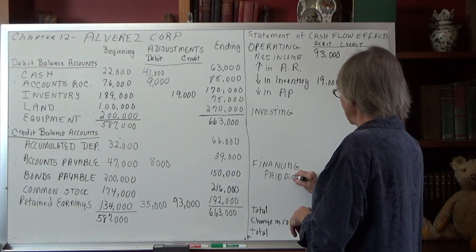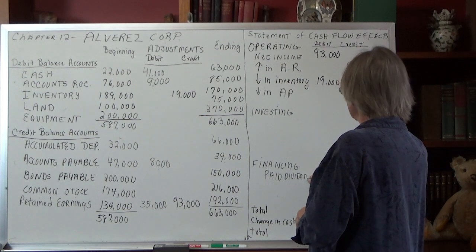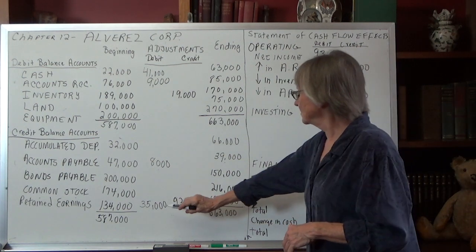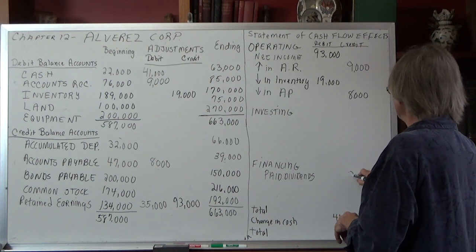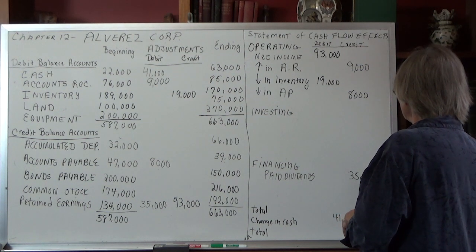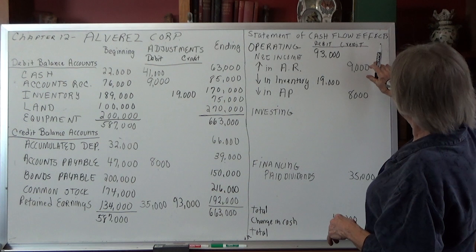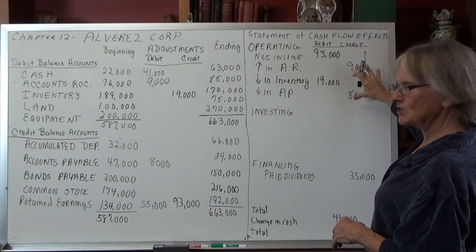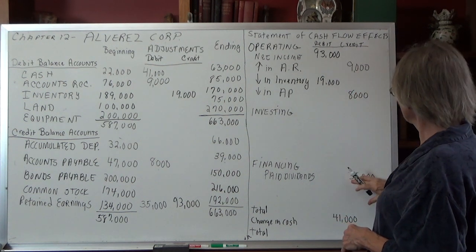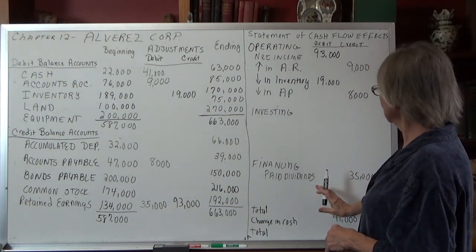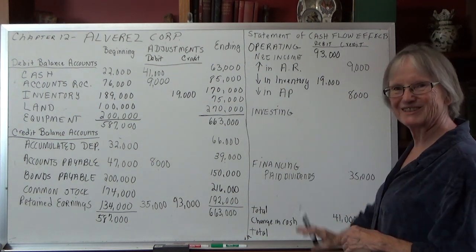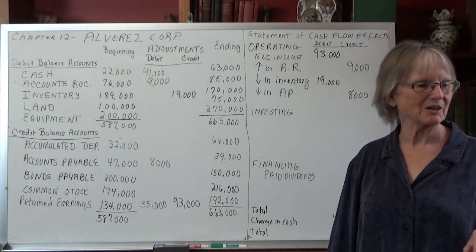We paid some cash dividends, and it's a debit over here, so it's going to be a credit over here. And if you start thinking about it, the credits here are going to be adjustments down in the operating section, but they're going to just reflect cash that went out in the other two sections, and the debits are going to reflect the cash that came in the investing and financing sections.